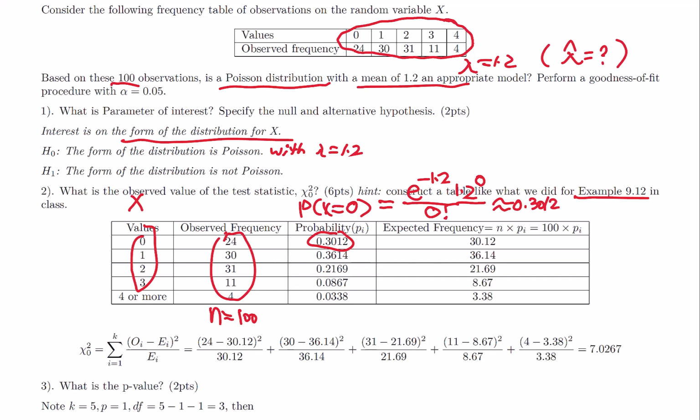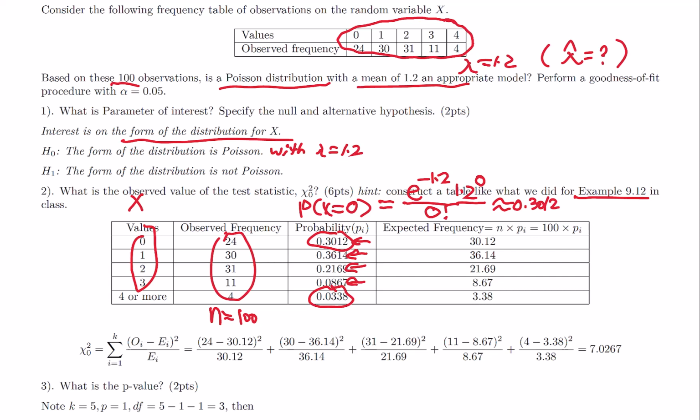The only reason I want to mention the last one is that after you calculate each of those four probabilities, the last one is going to be 1 minus the sum of these four. You have to guarantee that the sum of all the probabilities is very close to 1.